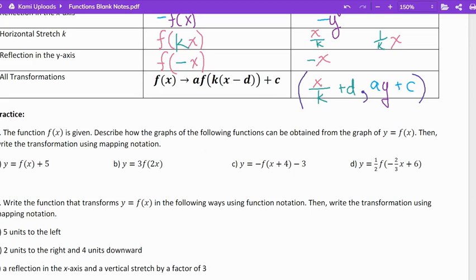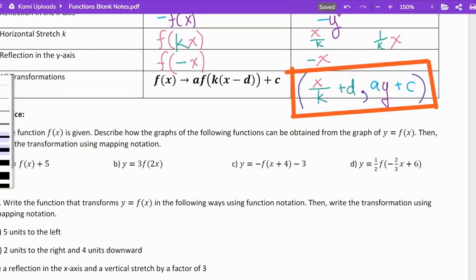Let's put a big box around this. I'm just going to write down that this is called mapping notation.